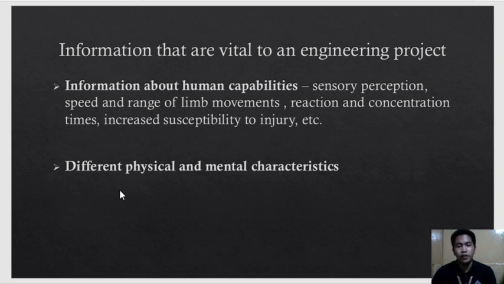And the next one is different physical and mental characteristics. This means that no two humans are equal or exactly the same. Even identical twins are influenced through different past experiences, and so will have different physical and mental characteristics.